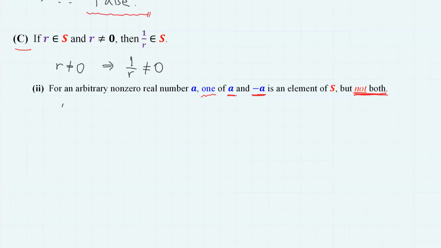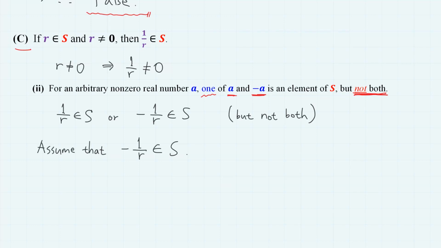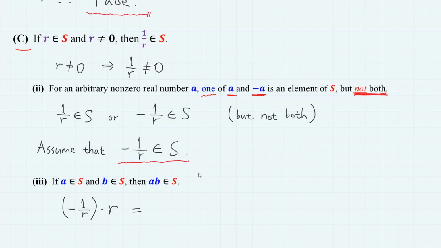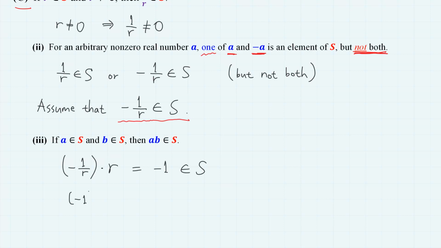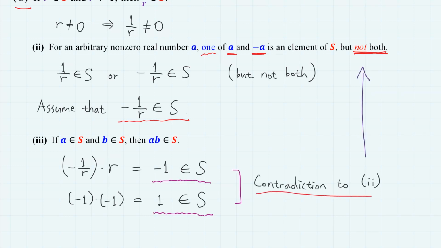Also, by condition 2, either 1 over R belongs to S or minus 1 over R belongs to S. Here, let us assume that minus 1 over R belongs to S. Then we apply condition 3 with two elements, minus 1 over R and R, which are both elements of S. This gives that negative 1 belongs to S, but this also gives negative 1 times negative 1, which is 1, also belongs to S, which contradicts condition 2.